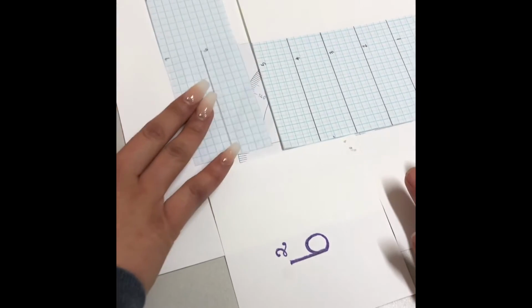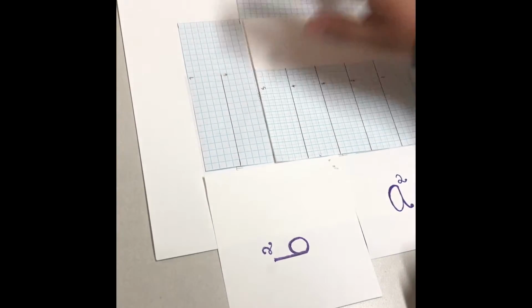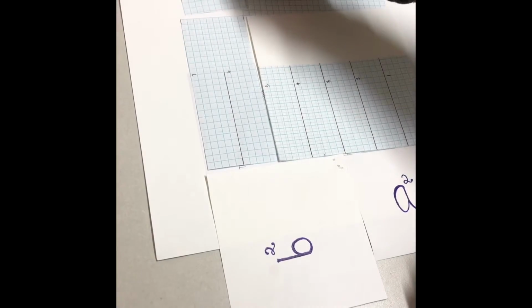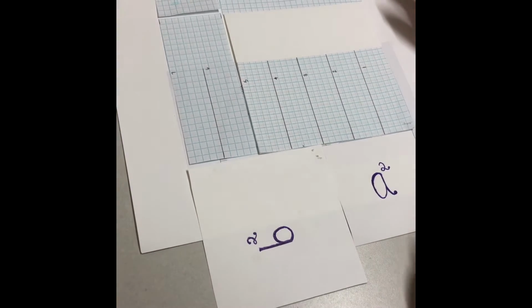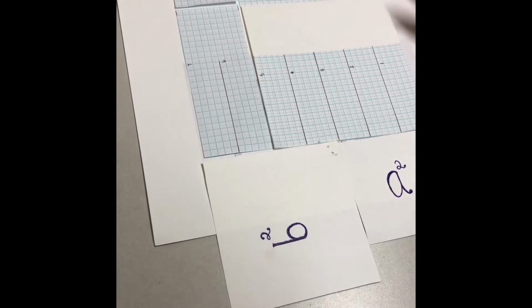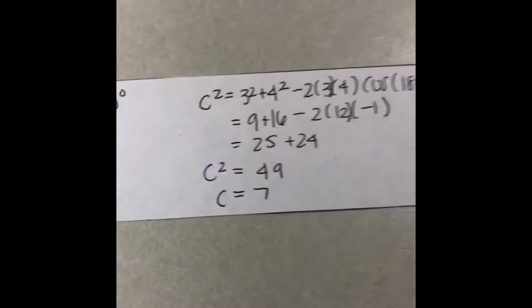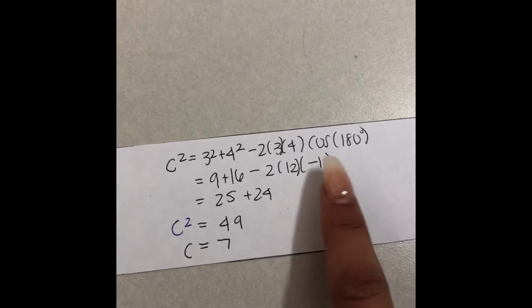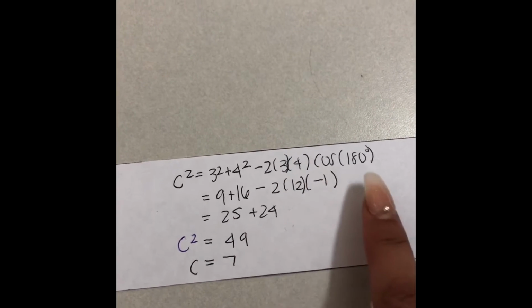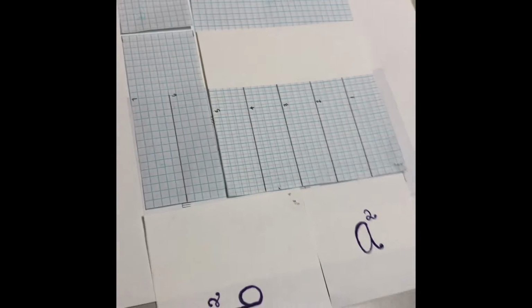After that, we had to complete the square, and we get a square that is 7 by 7, so c squared is equal to 49. We do the math right here, and it is true that the length of c is 7 when we plug in the values and cosine of 180. And then c squared is 49, which is what we have over here.